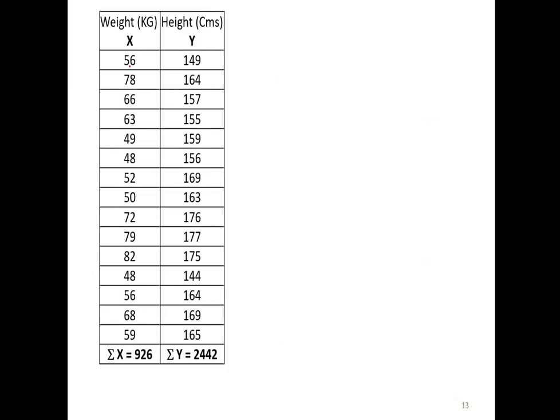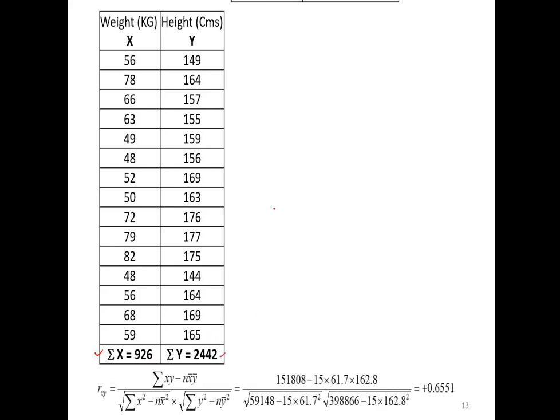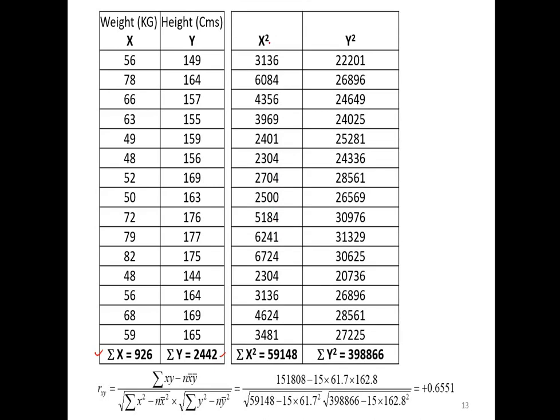So this is the data that we have. I have written the values of x and y. What we require additionally is x bar and y bar. For that we require summation xi. That means summation of the values of this column, that I have written as summation x, and then we have written the values of the sum of the y column, and that has come to this. Next we make a column, and that column is the x square column.